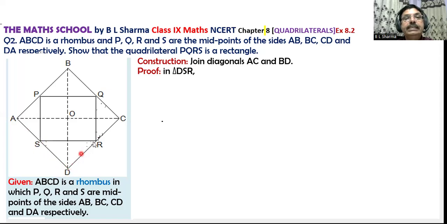AD and DC are equal, all sides of a rhombus are equal, so DS will be equal to DR because they are midpoints: half of AD is equal to half of CD.